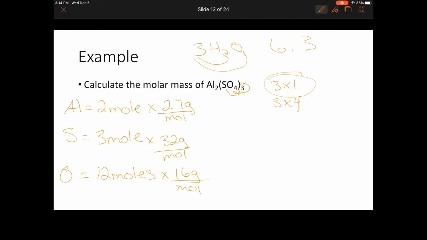We've got 2 times 27 for aluminum. That gives us 54 grams. 3 times 32 for sulfur. This gets us 96 grams. And 12 times 16 for oxygen, which gets us 196 grams. I'm sorry, 192.